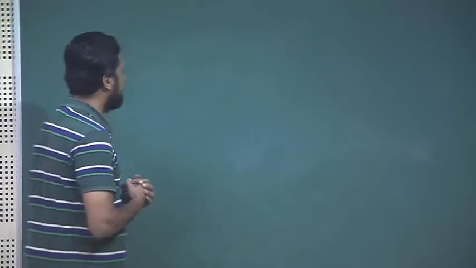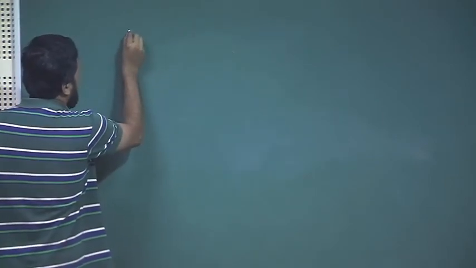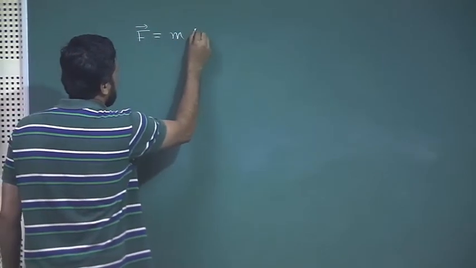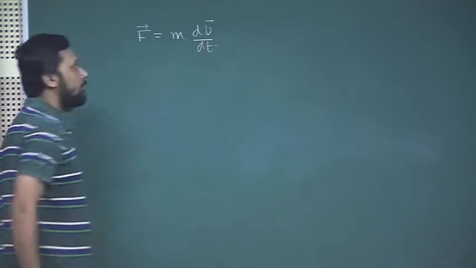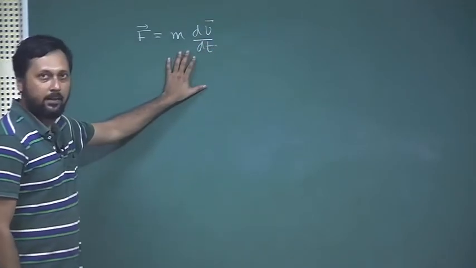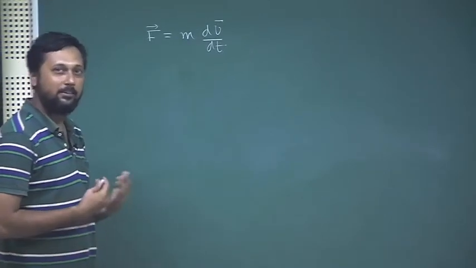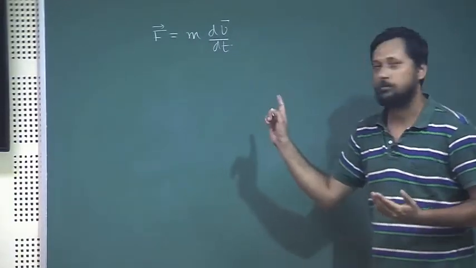Now, what is so special about variable mass is, we have written this equation a number of times, that F is equal to m dv dt, which is correct if the mass of the system is a constant. But assuming that the mass of the system is not a constant, this equation in this particular form is not correct.